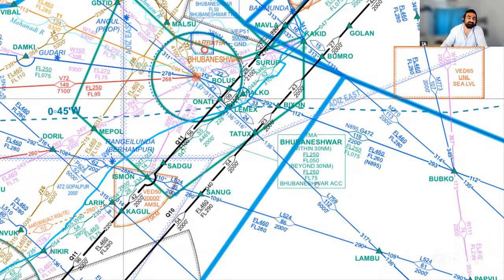Here ACC will stand for area control. Most times the same control frequency will be talking to both aircraft in this range. The flight levels are the same. See, from 750 to 250 and from 050 to 250. So just a difference of 25, correct?